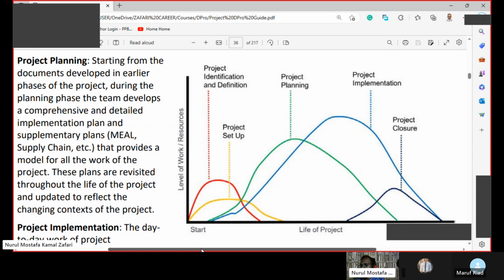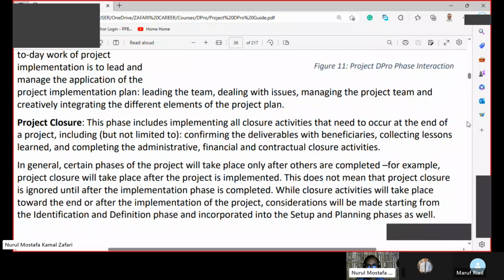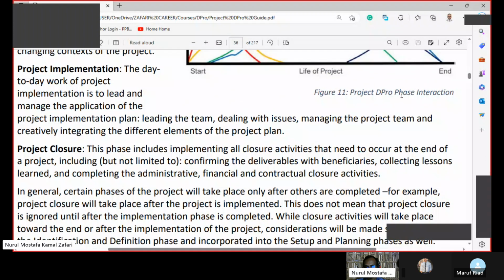Okay, now let me move forward. We shall discuss the diagram later. So let me go forward with project implementation.